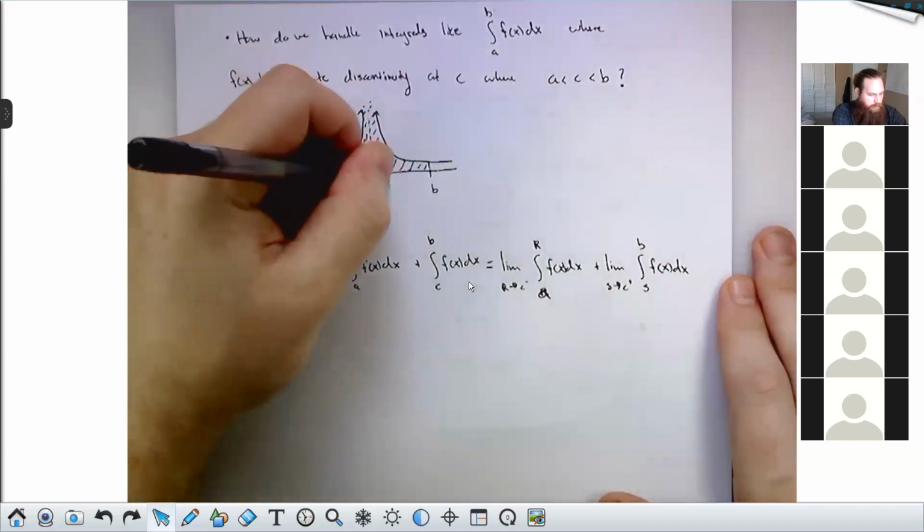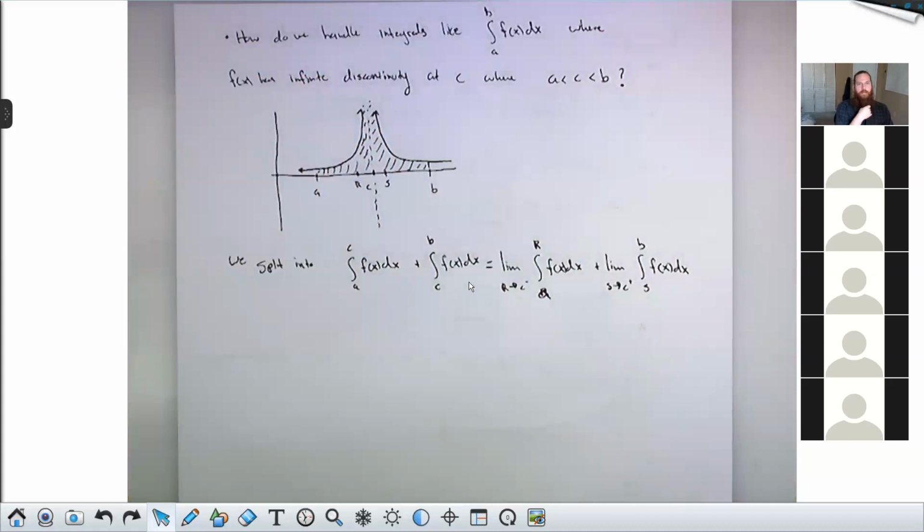So the picture is kind of like this. So if your problem point is in the middle, you split the integral up, and then you get two type 2 integrals of the sort we dealt with on Wednesday.